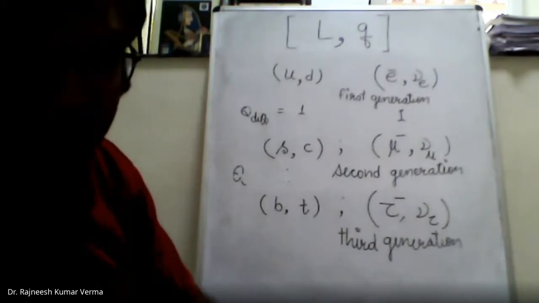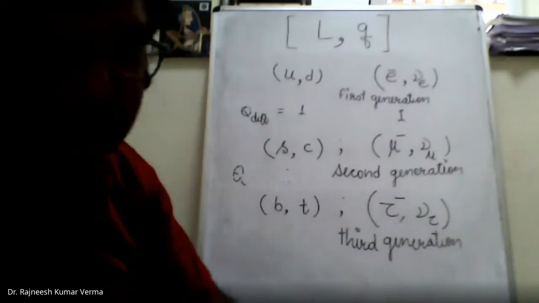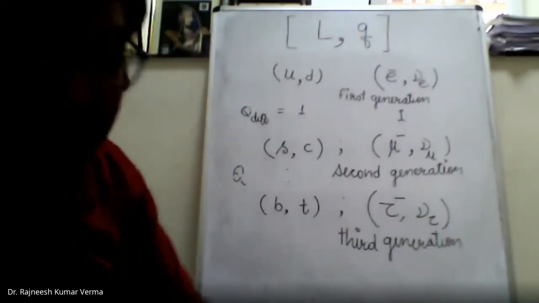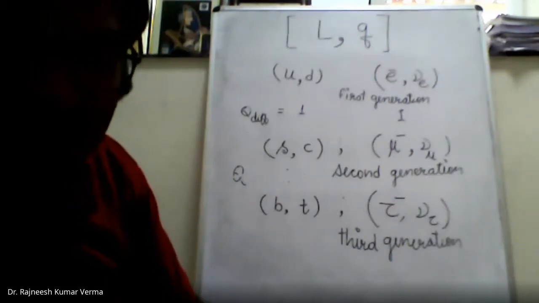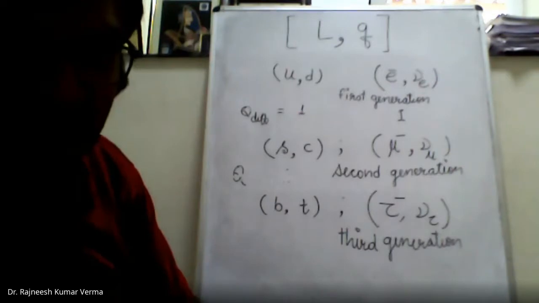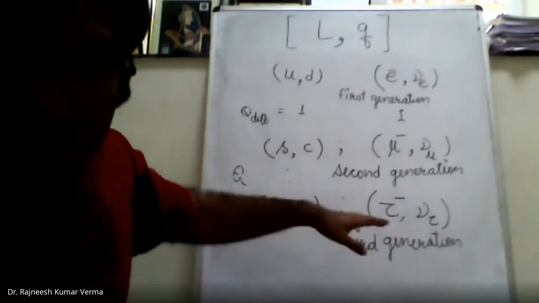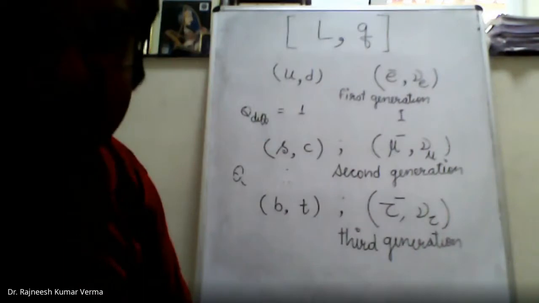Further discovery of other particles in high energy experiments led to the discovery of top and bottom quarks. Along with them, in lepton family, we have tau minus and nu tau. Of course, we have these three generations, and the particles have their antiparticles as well.